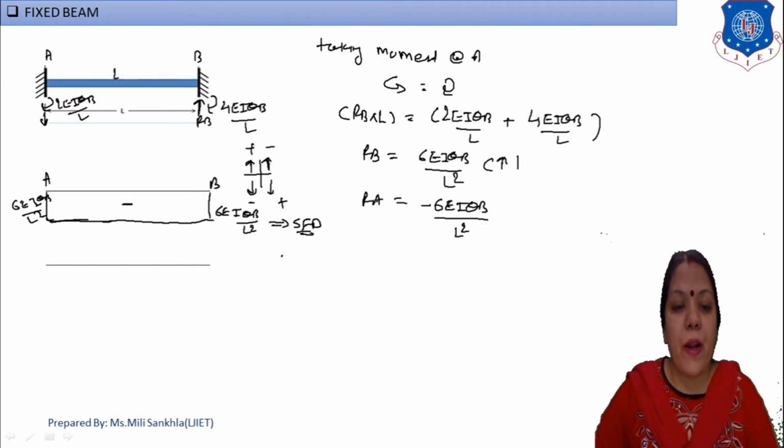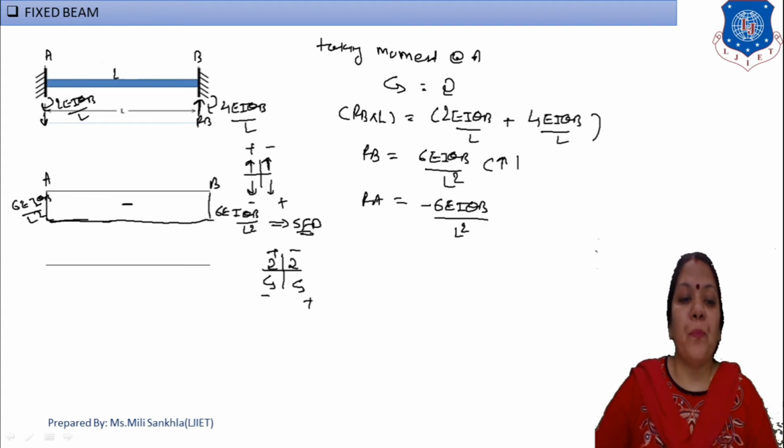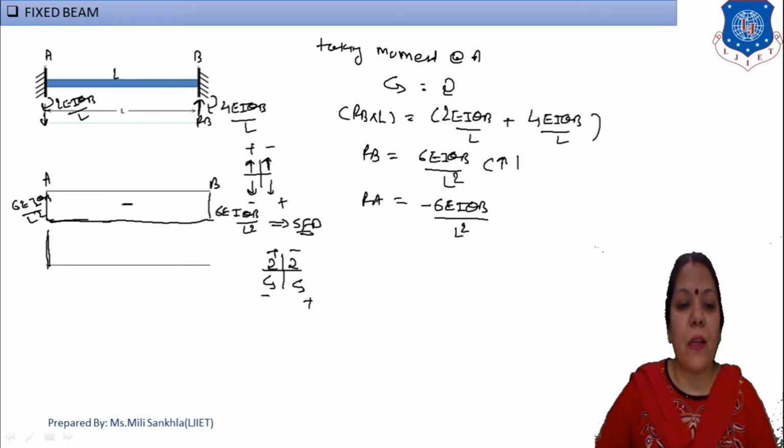Now for the bending moment diagram, again draw the sign convention: clockwise, clockwise, anti-clockwise, anti-clockwise: plus, minus, minus, plus. At the left-hand side clockwise means upward, plus, like this. On the right-hand side clockwise means minus, so draw in the down direction. Now simply connect these two points, because the left side is a plus moment and this is minus.